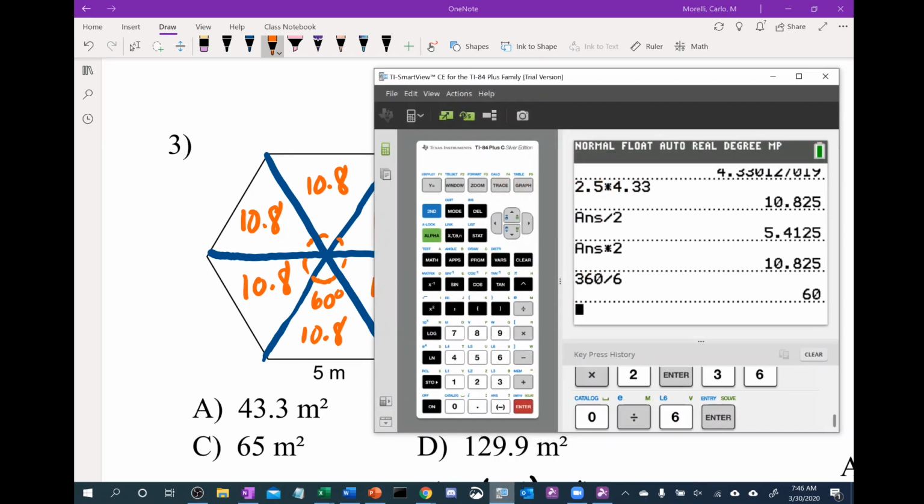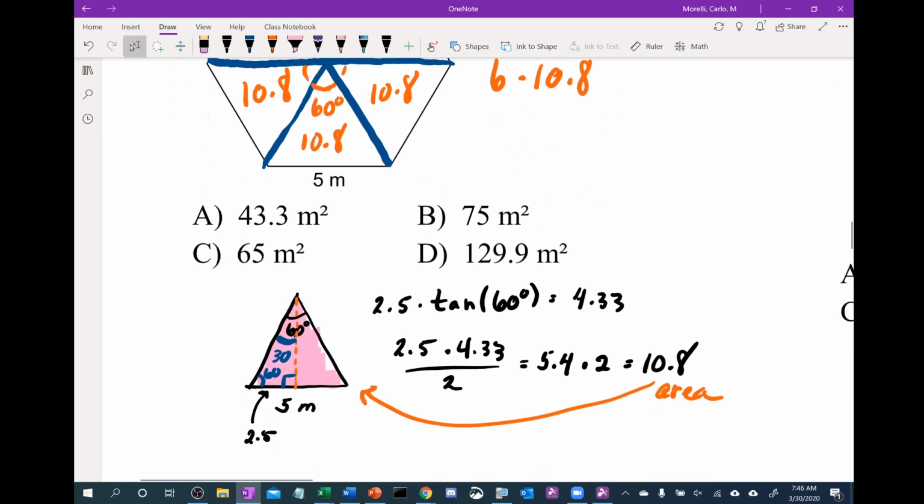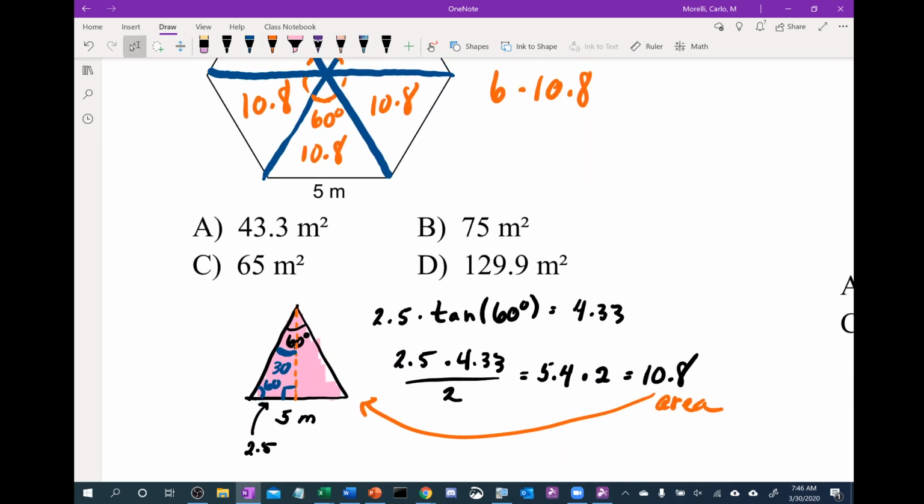Okay? Let's do that. 6 times 10.8 is 64.8. Okay? The closest one to that, if you round, is 65.